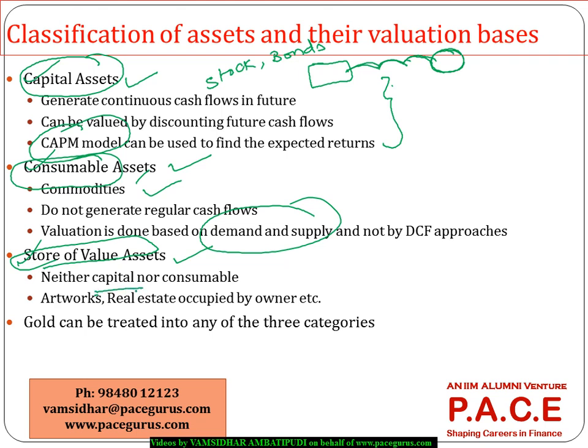Then we have a third category of assets, which are called store of value assets. They can't generate any regular cash flows, nor can they be consumed, like artworks. They are just a store. I cannot generate any cash flows out of them, or consume them. Similarly, real estate which is rented is obviously part of capital assets, because I can project the cash flows I can get in future and use the discounted cash flow method or other real estate valuation approaches to find its value.